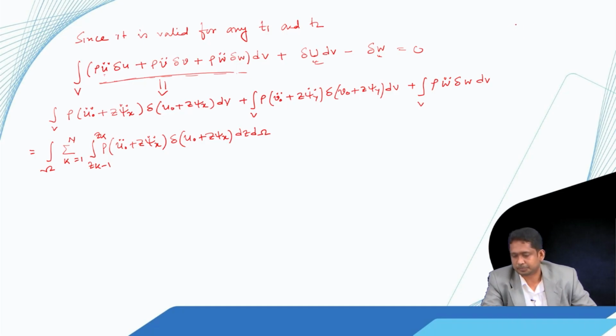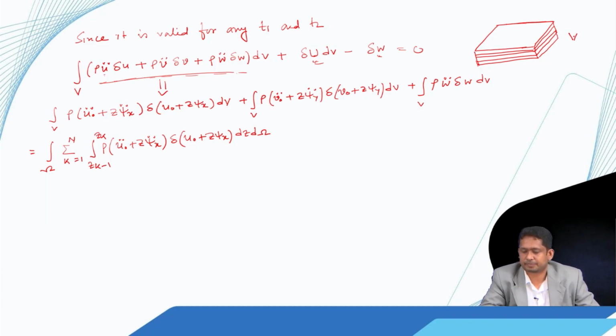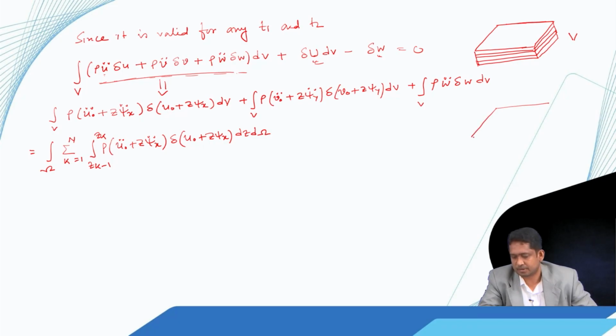So, we have a laminate like this, made of a total of n number of layers, and its entire volume is denoted as V. We denote its surface as omega, and the thickness has several layers.